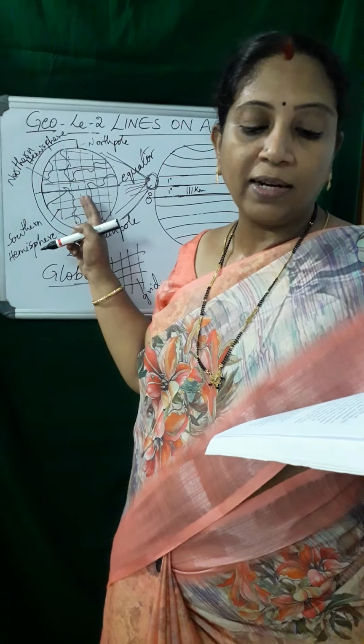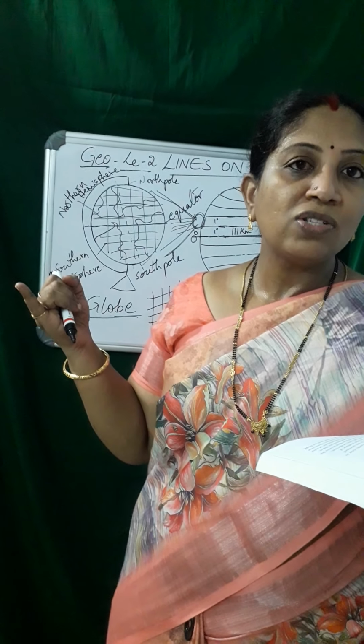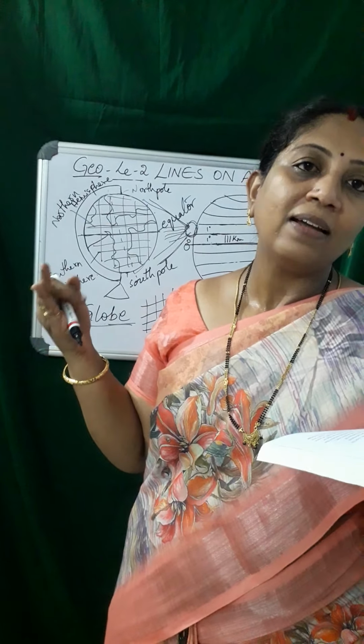Based on the amount of solar energy received, each hemisphere is divided into 3 heat zones. So let us see the 3 heat zones. What are those? They are the torrid zone, temperate zone and the frigid zone. So let us see about the three zones. Yes, ma'am.